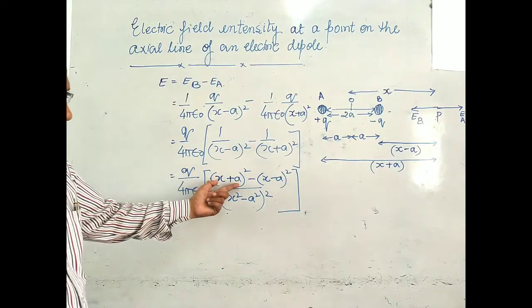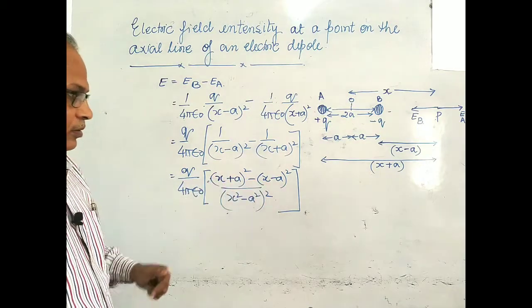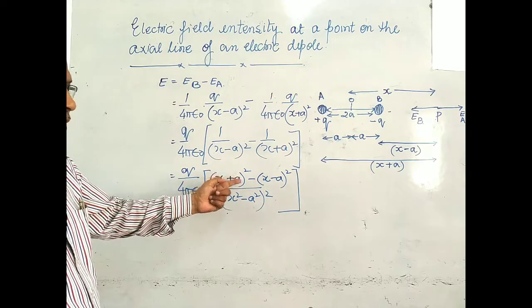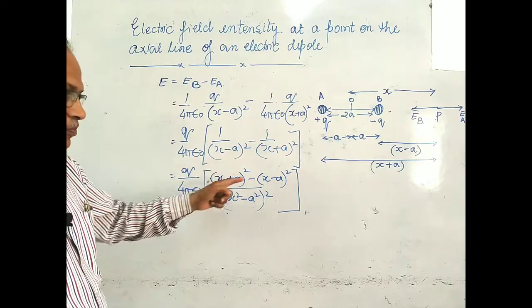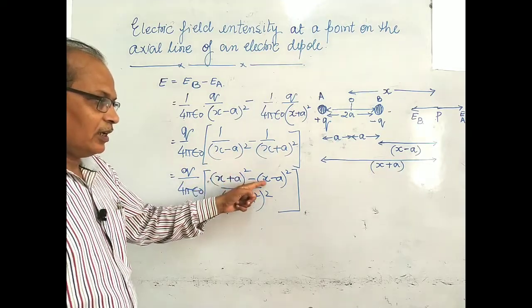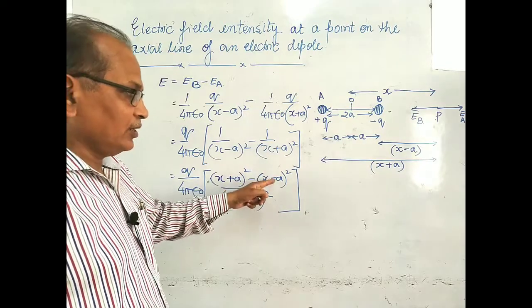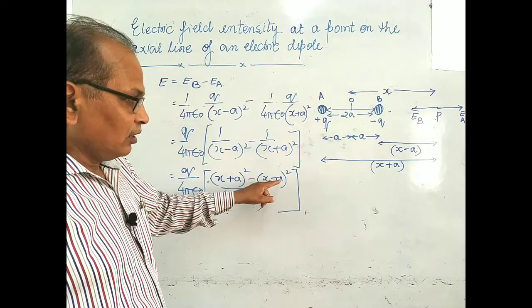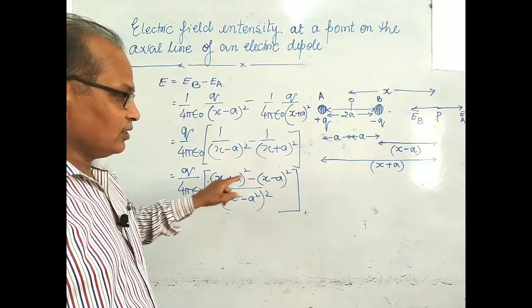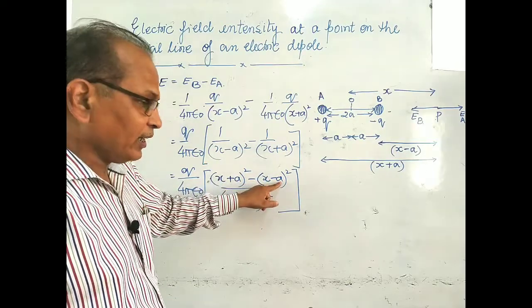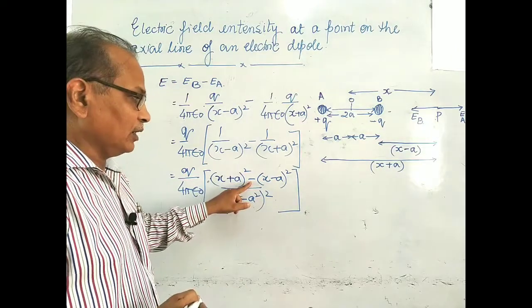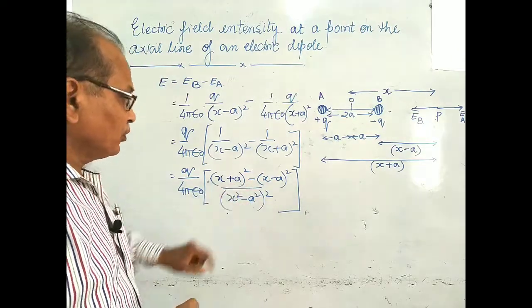If you solve it, this is x square plus a square plus 2ax. Here it is x square plus a square minus 2ax. All the terms will cancel out. Here it is minus 2ax, and it will get a positive sign over here.